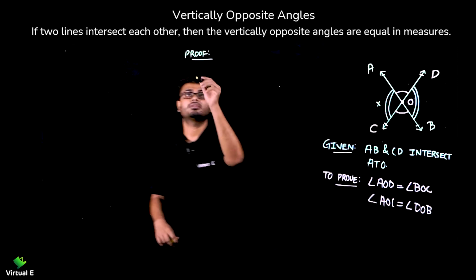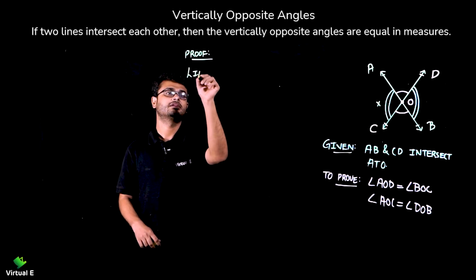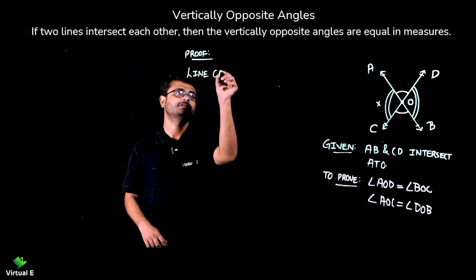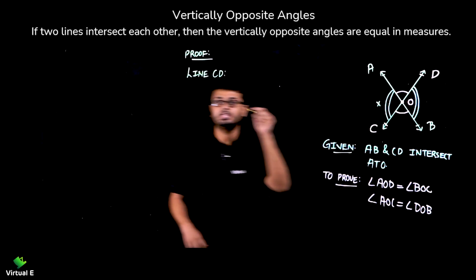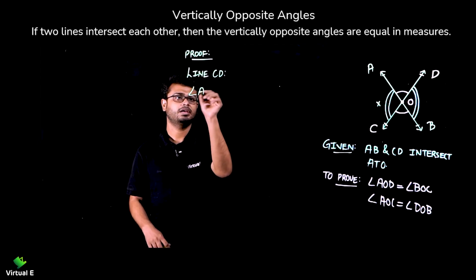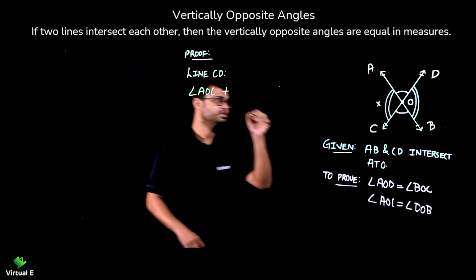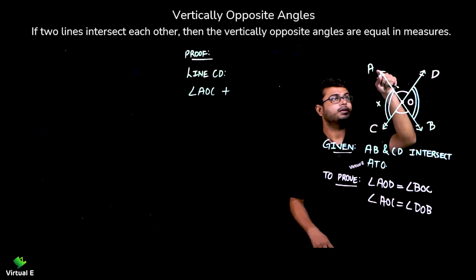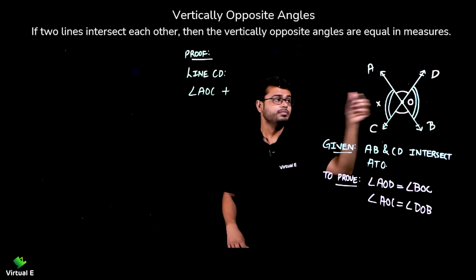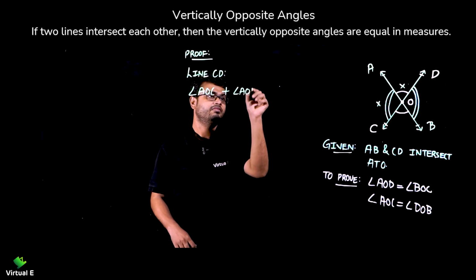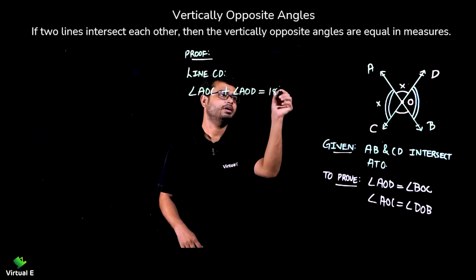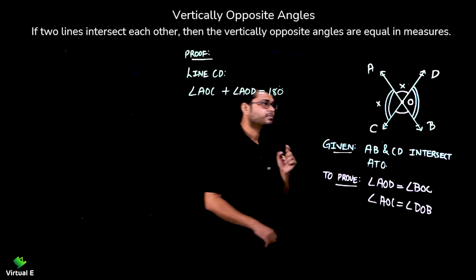So let's talk about line CD. We have two angles: angle AOC plus another angle AOD will be what? 180 degrees.